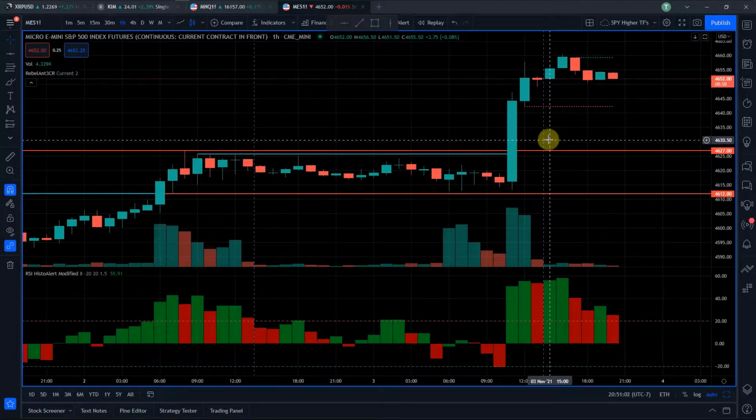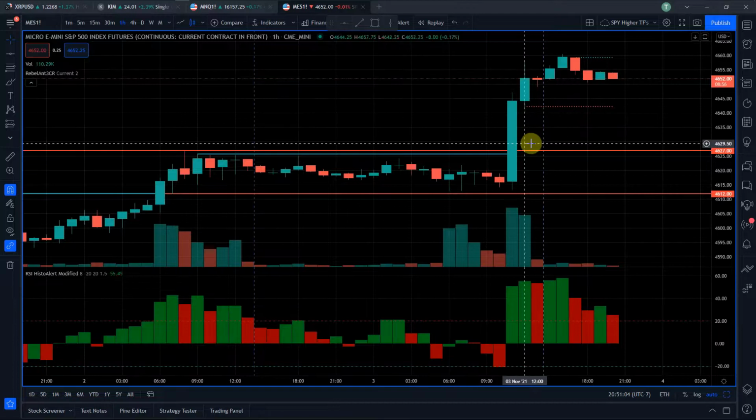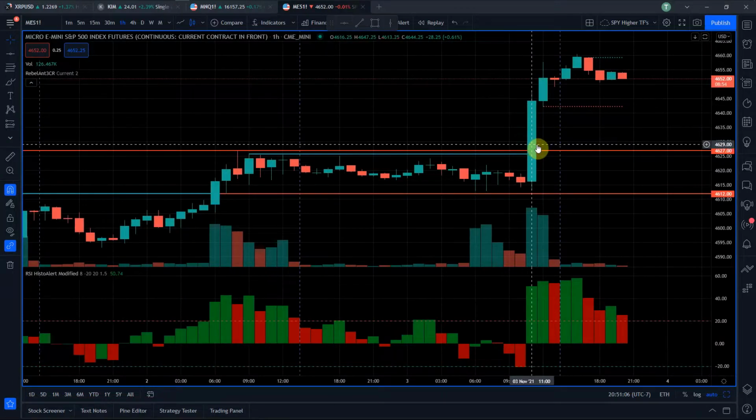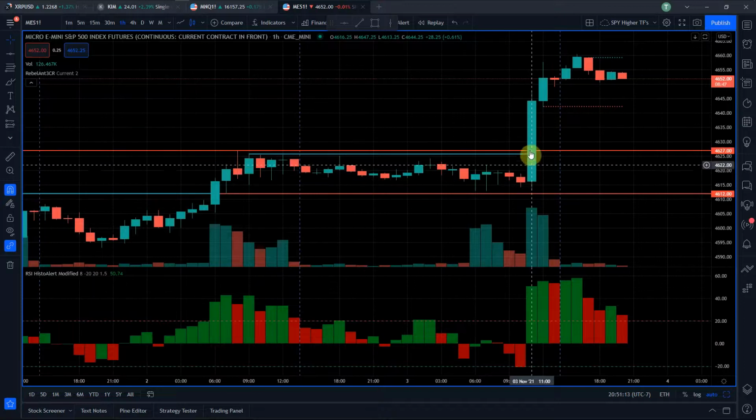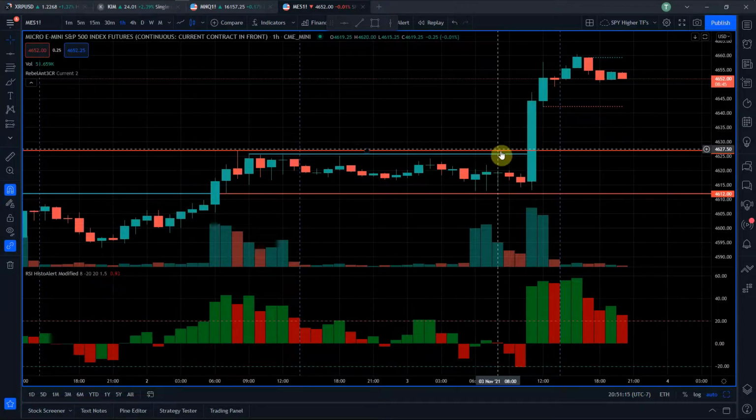I had to go over it to explain it. So yeah, after I believe it was 4 o'clock, FOMC, we had this huge run up, and we got the first part of the plan, which was to break through above this level here.